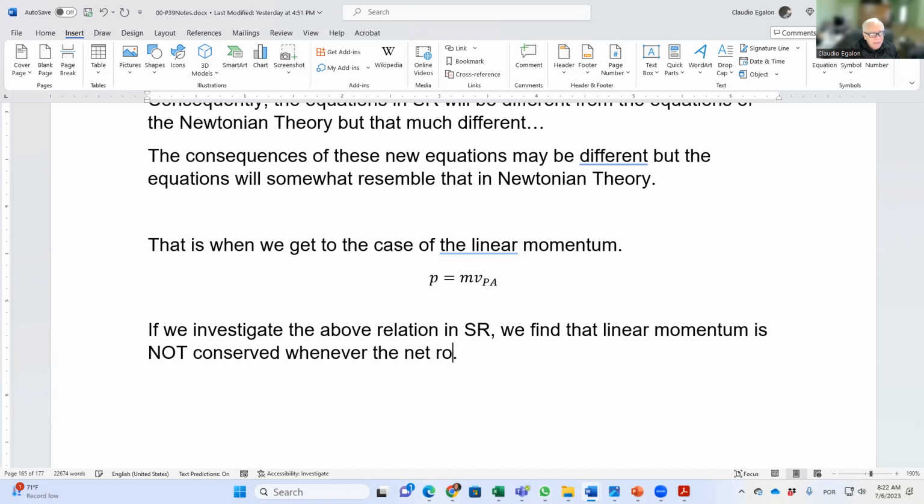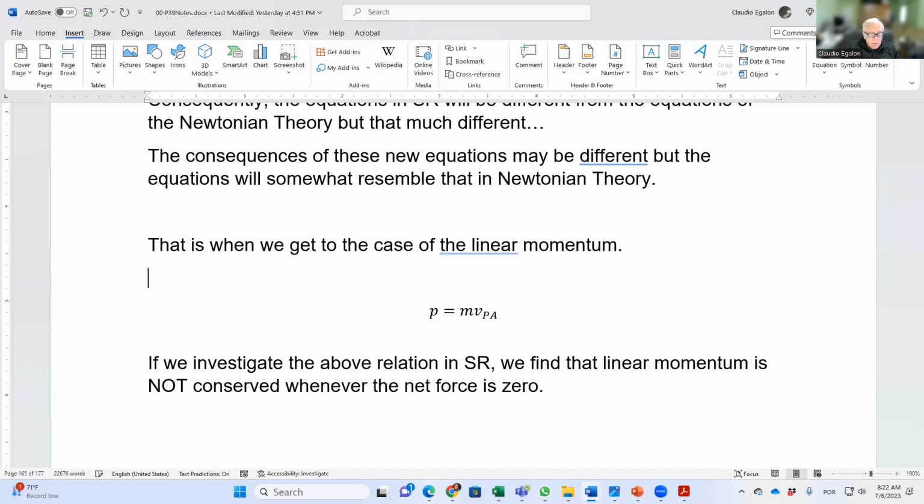This is a very important characteristic of linear momentum.